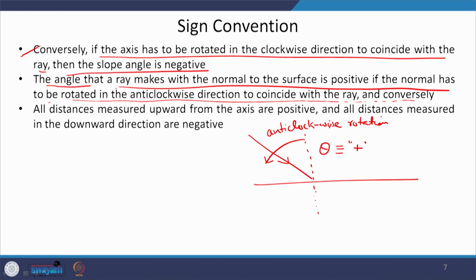Now, all the distances measured upward from the axis are positive and all the distances measured in the downward direction are negative.